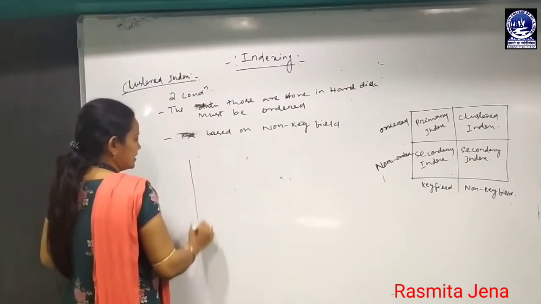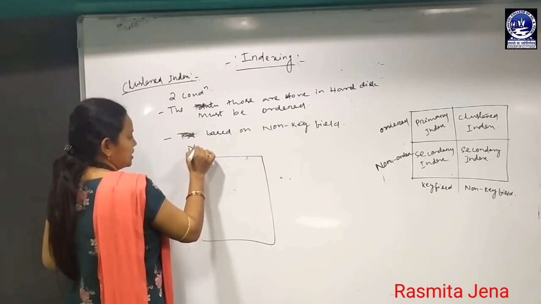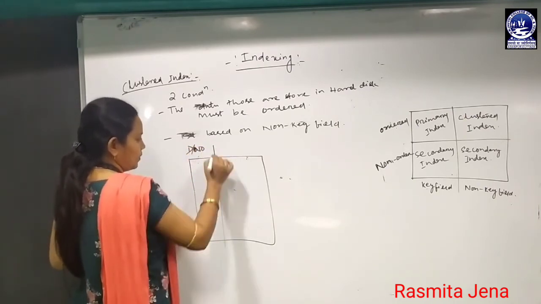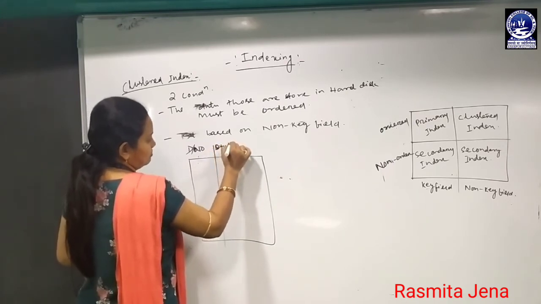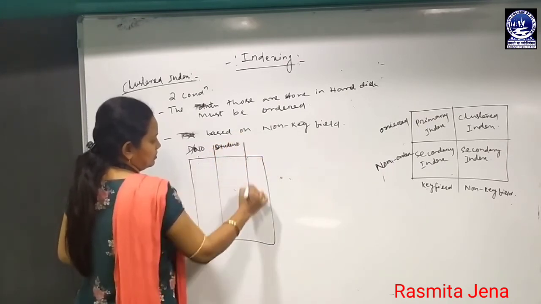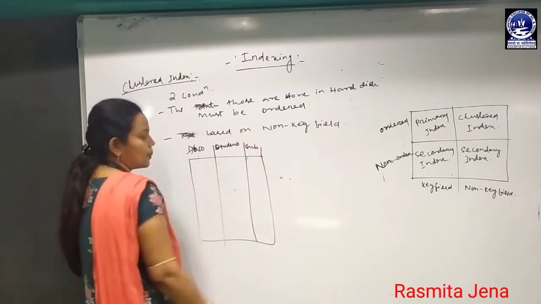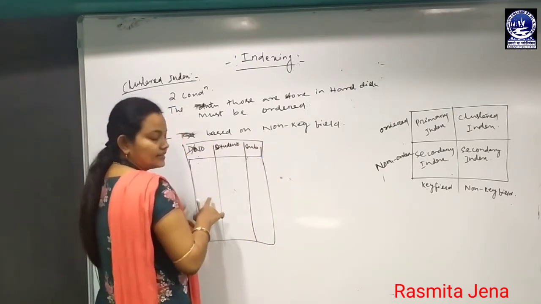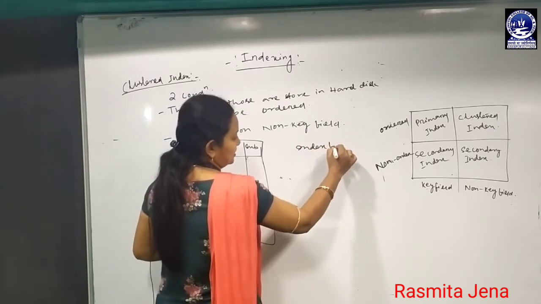In clustering index, suppose there is a department table having attributes department number, suppose student, and suppose the subject. Okay. This is your hard disk file and next one is your index file, the clustering index file.